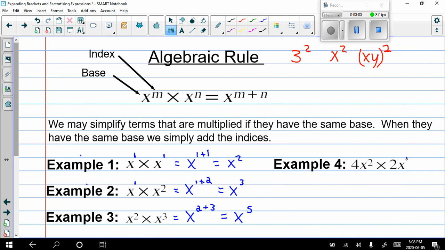Well, we're just going to do that here. So we do 4 times 2, which is 8. And then we can check our bases. So x and x, great. So let's just apply our rule here too. So at the end, we can write 8x to the power of 3.